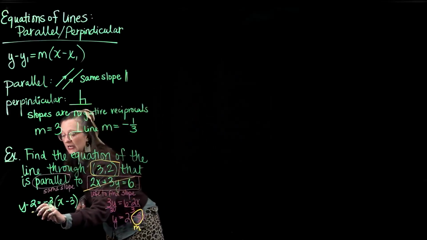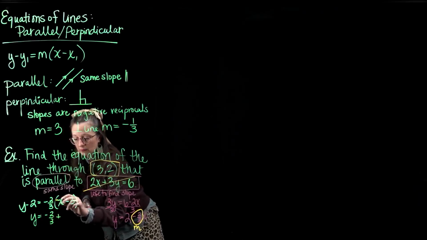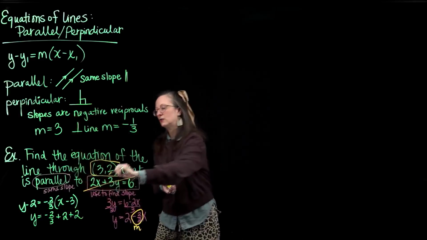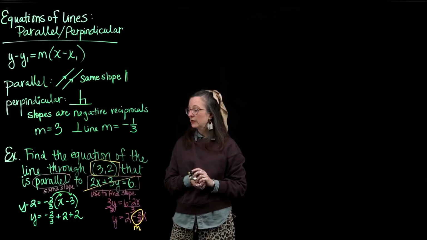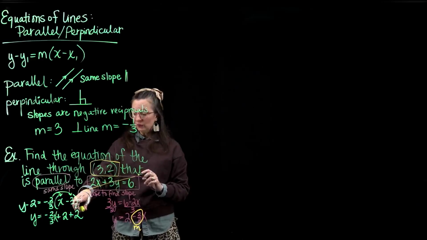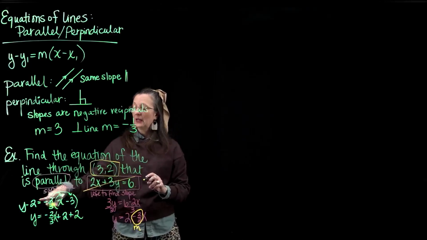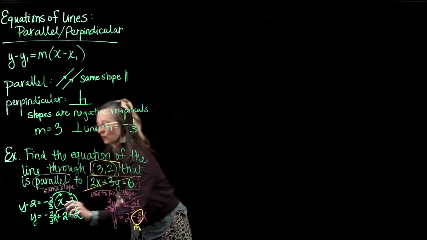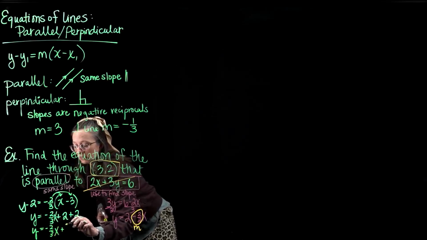I'll add 2 to both sides and distribute my -2/3. When I multiply -2/3 into the parentheses, I have a -2/3 x + 2. Those 3's cancel, 2 negatives make a positive, and I'm just left with a 2. And then plus 2 from the other side that we added over. So this would be y = -2/3 x + 4.